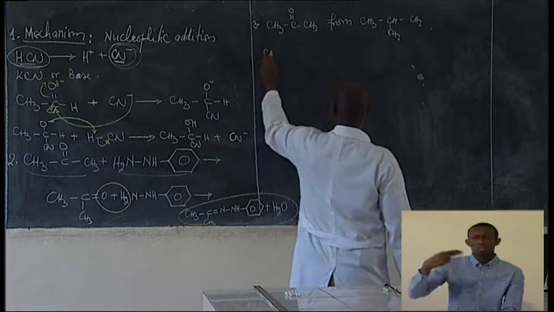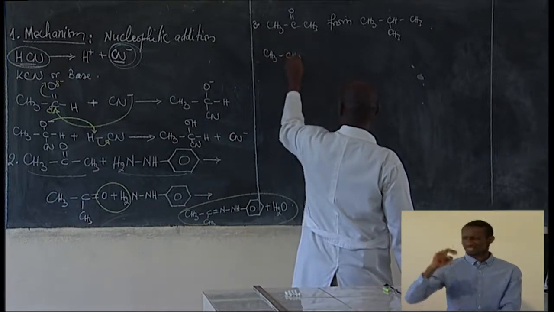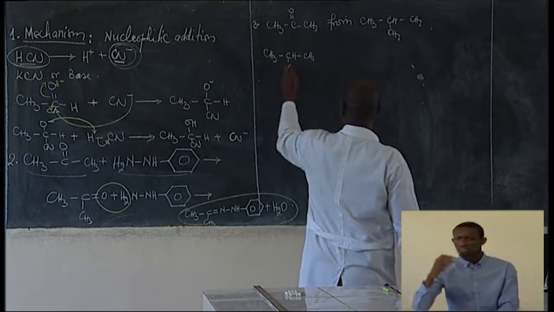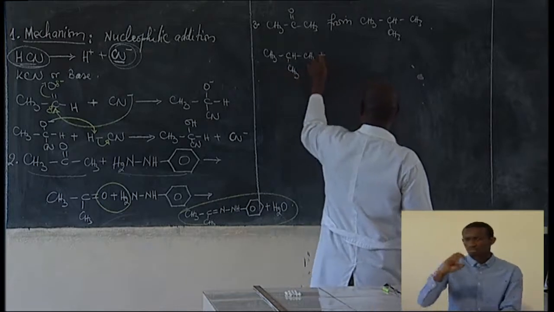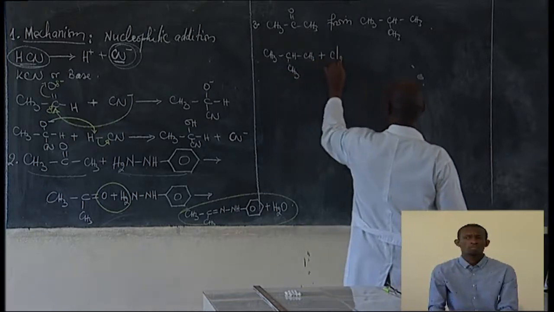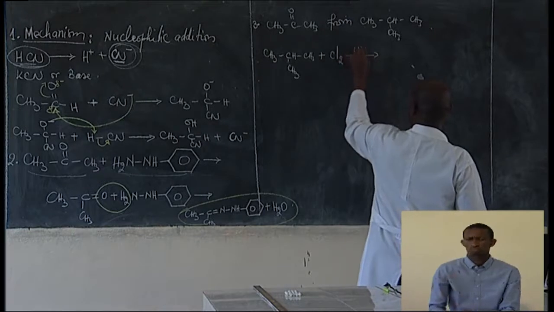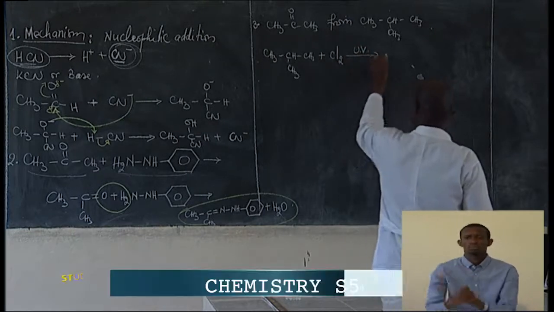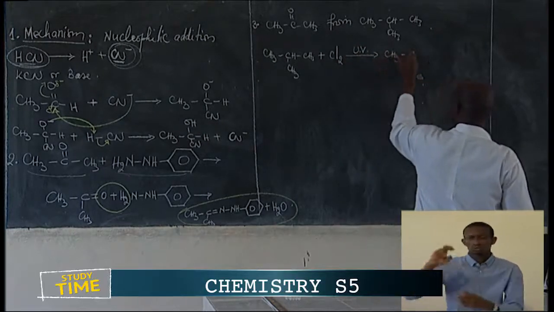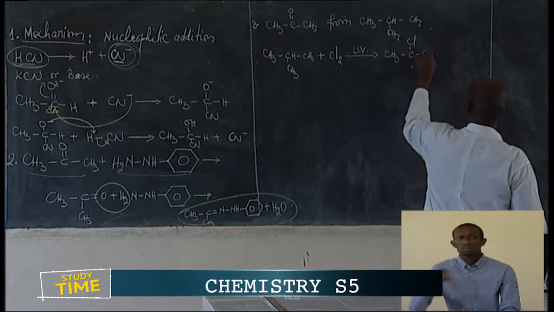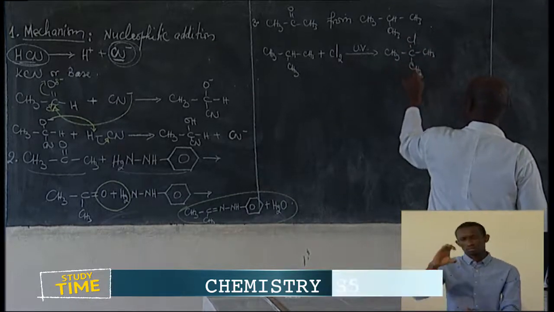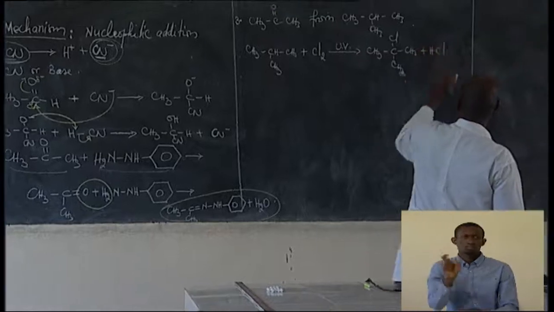So with halogenation, we have CH3CH(CH3)CH3, let me add chlorine in UV light. And what do we produce? CH3C(Cl)(CH3)CH3 plus HCl.